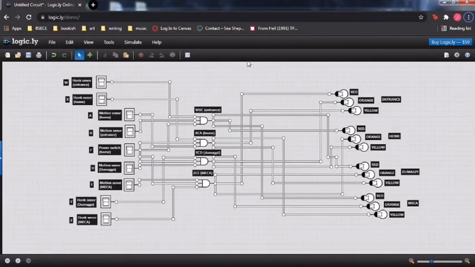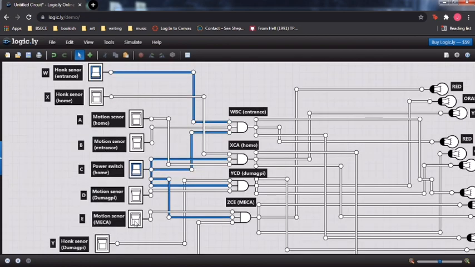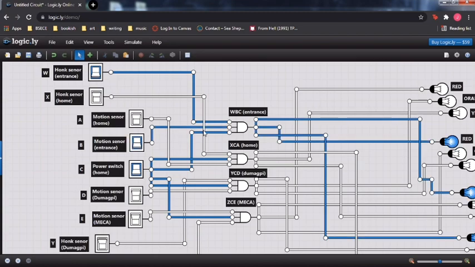This would be the logic circuit for my proposed solution to the problem of the blind curve. Let's try first if there is a motion detected and a honk detected at the entrance. Let's switch the power to on, and the honk sensor of the entrance and the motion sensor of the entrance.